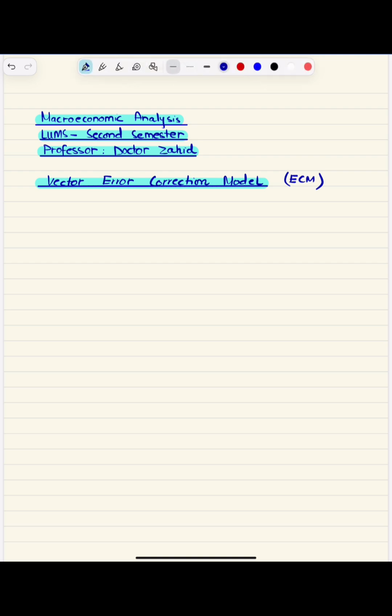Suppose we have the long-run equilibrium relationship between yt and xt given as yt equals beta 1 plus beta 2 xt. Remember that yt and xt both are integrated of order 1, which means they're non-stationary variables.